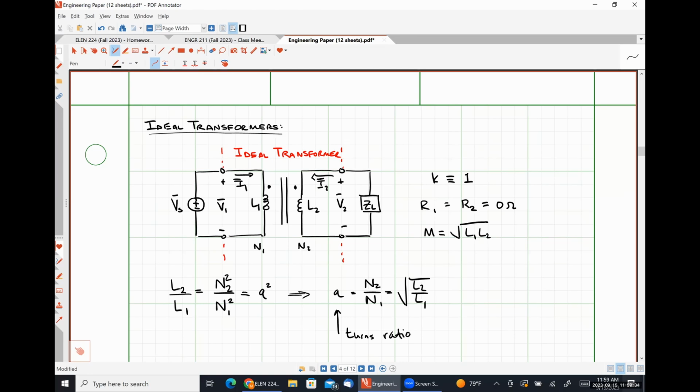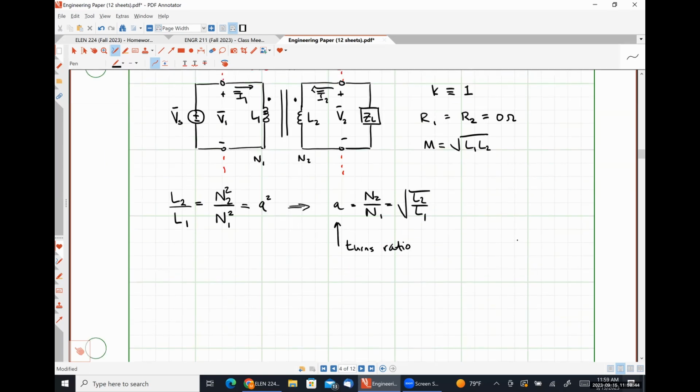So, playing around with a little bit of algebra here, we should be able to see that M, which is the square root of L1 L2, is the same as L1 times the square root of L2 over L1.